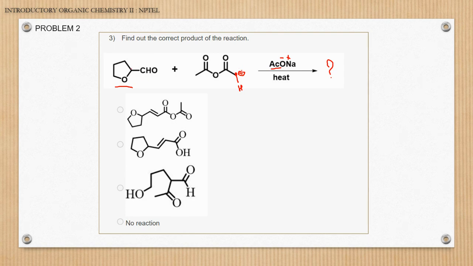If you abstract a proton from the aldehyde side, it is in conjugation, but you have an oxygen with a lone pair of electrons as well. So it will destabilize that negative charge. There would be electron crowding at the alpha position because of the lone pair that is free on oxygen.